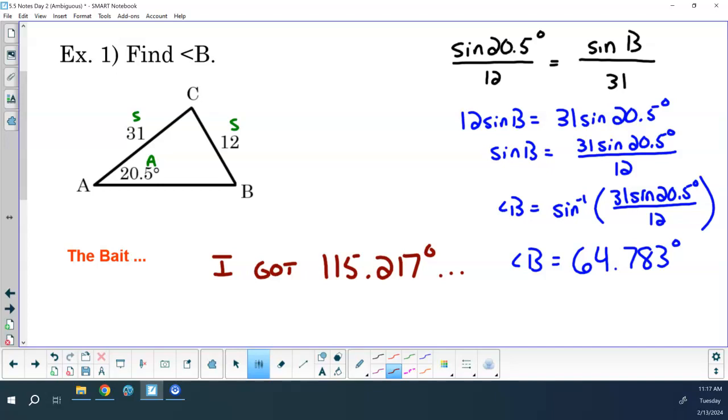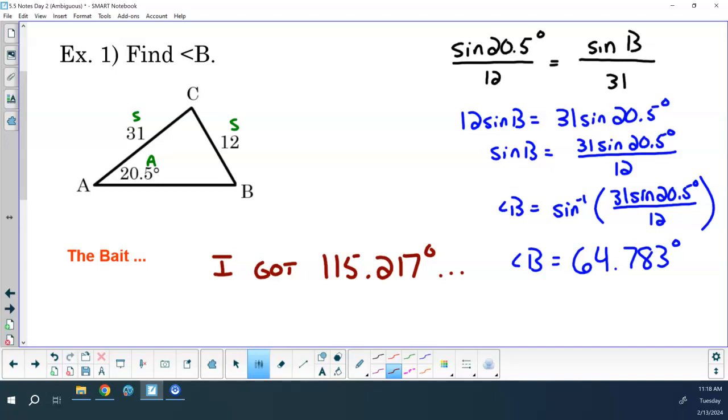I think so. Okay. So you figure out on your calculator right now what the sine of 20.5 degrees divided by 12 is. And I'm going to figure out what the sine of 115.217 degrees divided by 31 is. What did you get? 0.02918389294777.